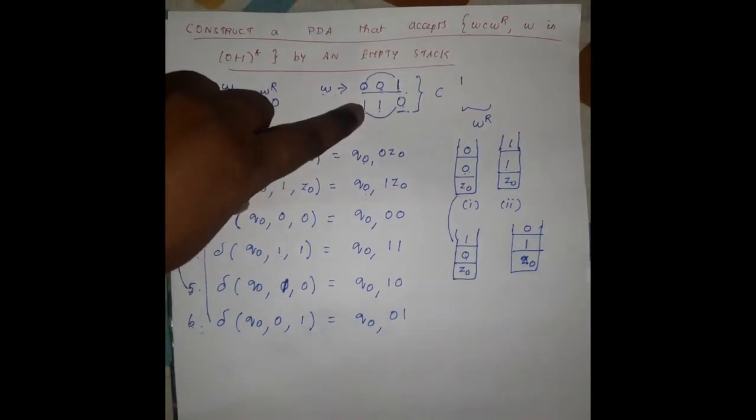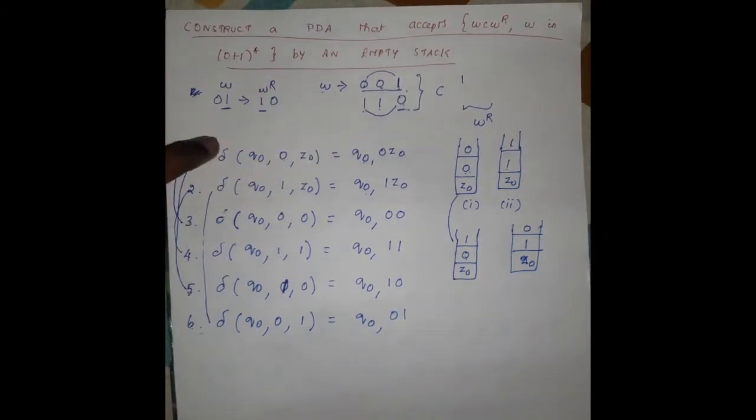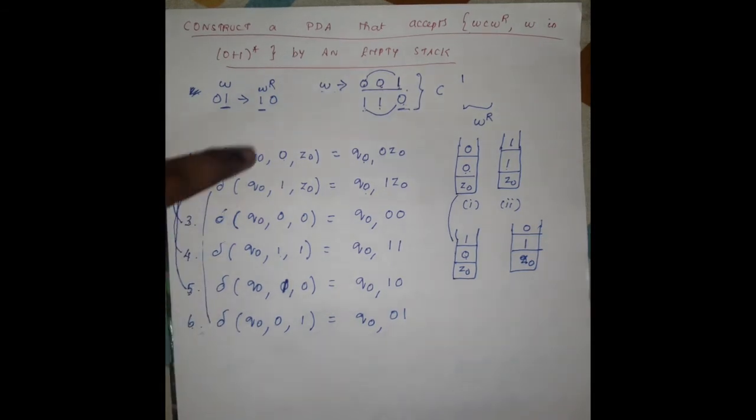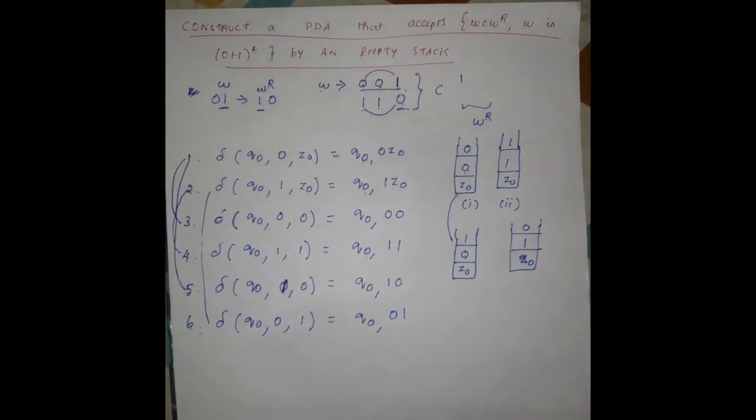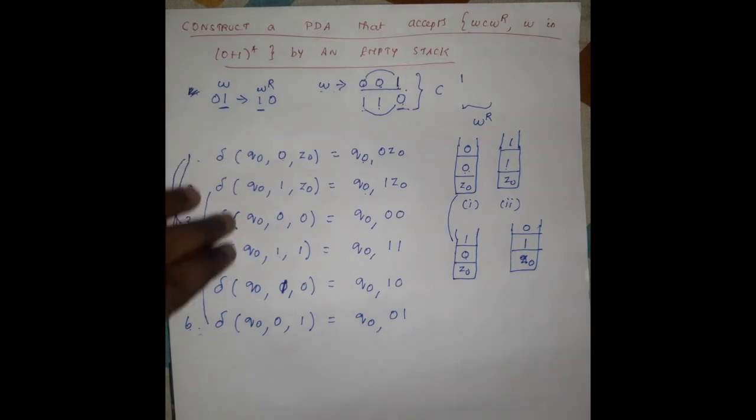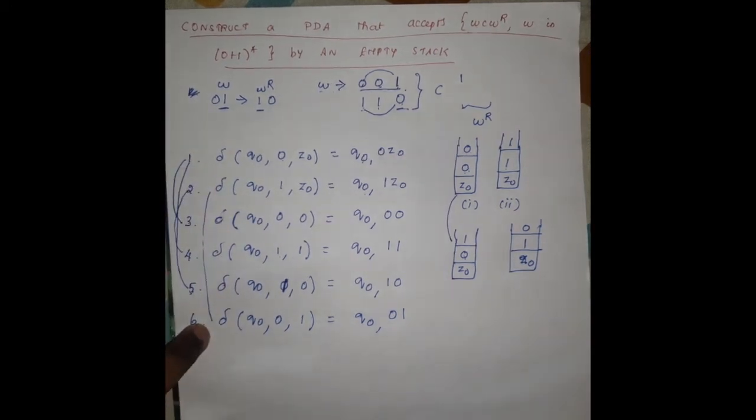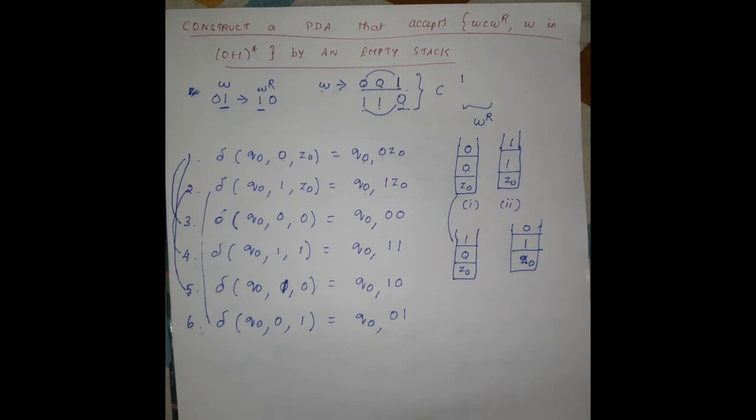So these are the possible cases. If you take any one input string for this language, you can write the transition function for that particular input string only. I wrote all the possible transition functions for the W, right?